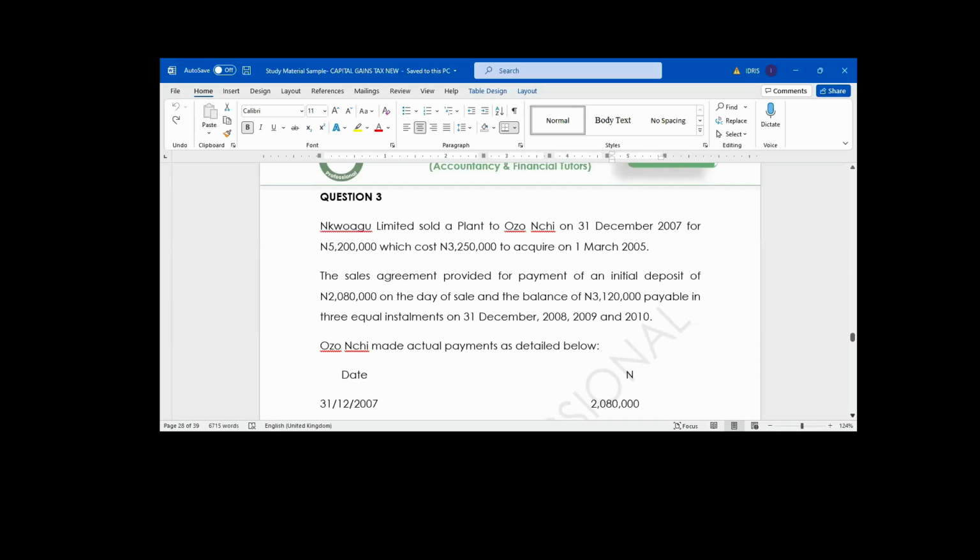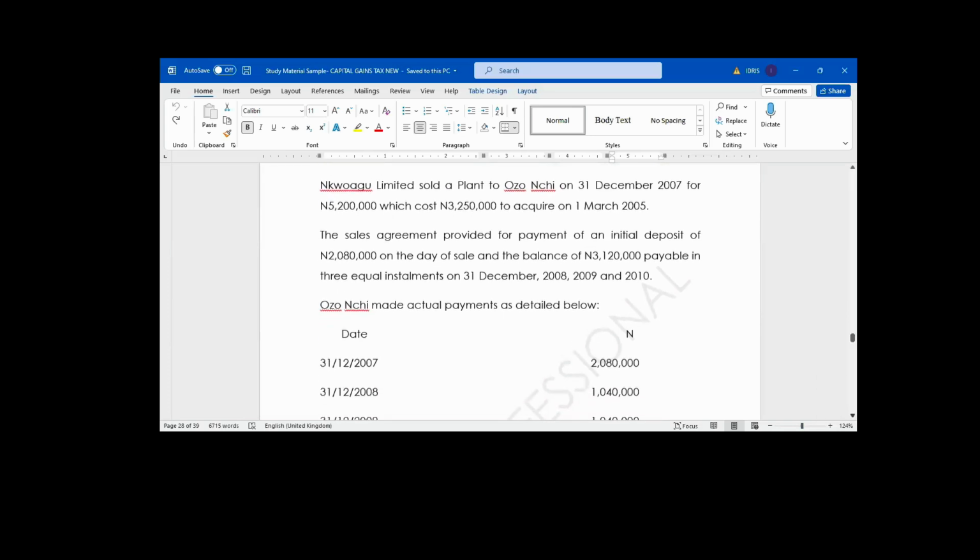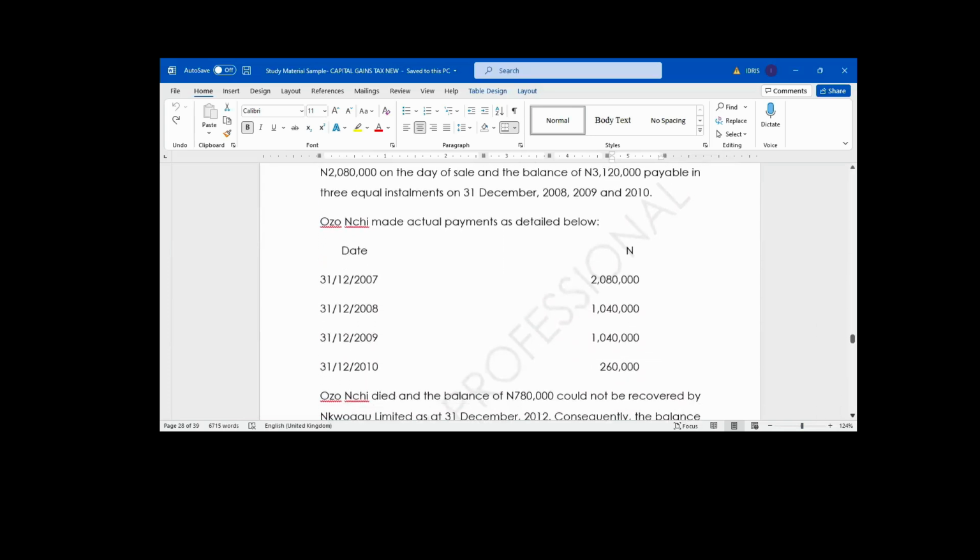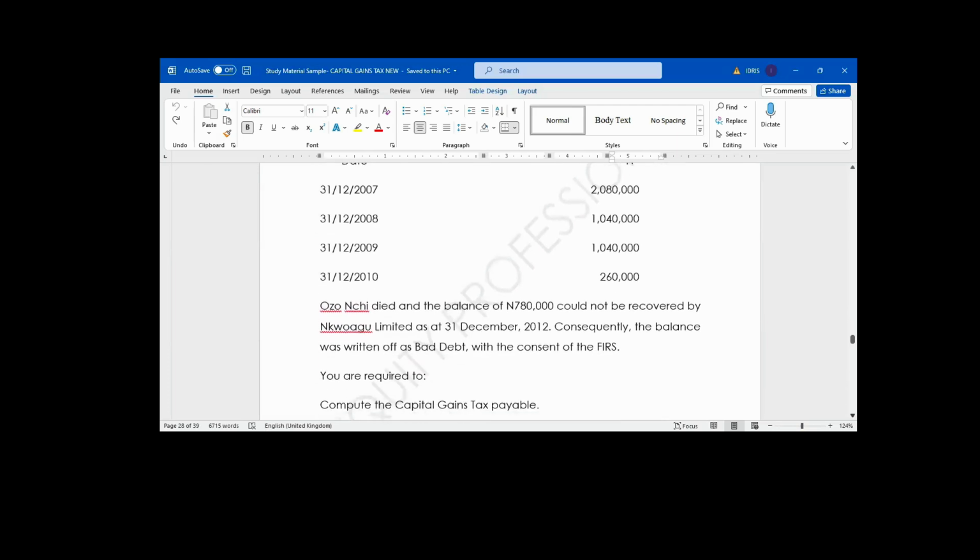All figures remain constant. Ozonchi made an actual payment as detailed below. Ozonchi died and the balance of 780,000 could not be recovered by Nkwagu Limited as at 31st December 2012. Consequently, the balance was written off as a bad debt with the consent of the FIRS. You are required to compute the capital gain tax payable.